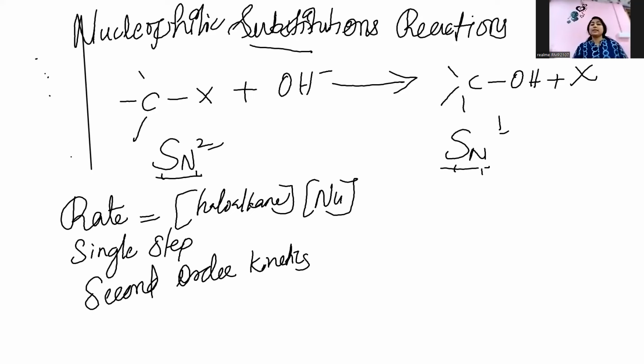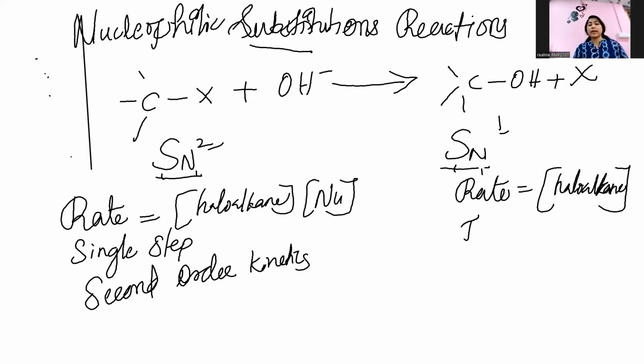While in the case of the SN1 reaction, the rate is determined only by the concentration of the haloalkane, not on the concentration of the nucleophile, but it is a two-step process and it follows first order kinetics.